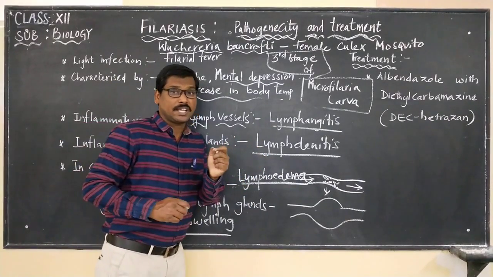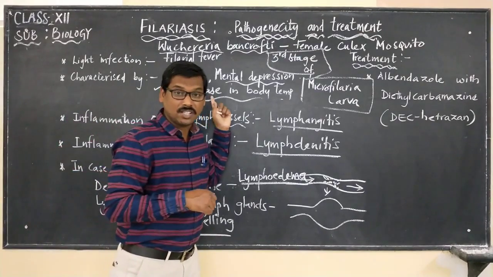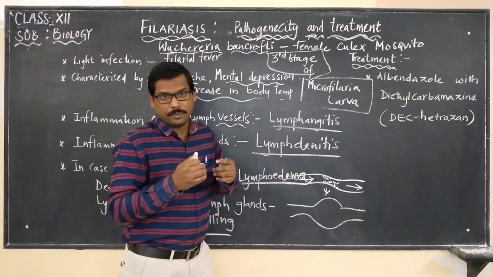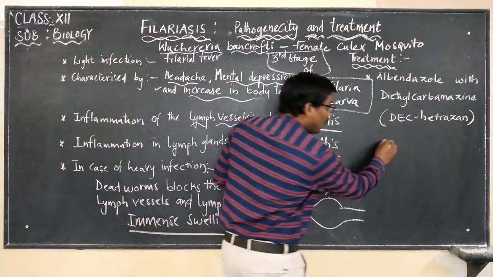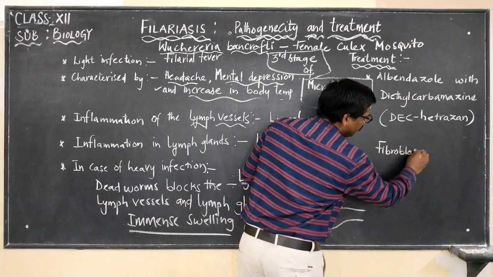And a very interesting thing: what is the tissue that is infected by this Wuchereria bancrofti? It is the lymph. In the lymph, there will also be accumulation of fibroblasts. Please remember this very interesting point.